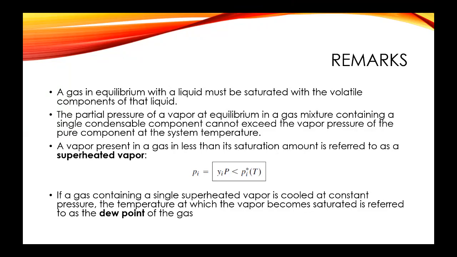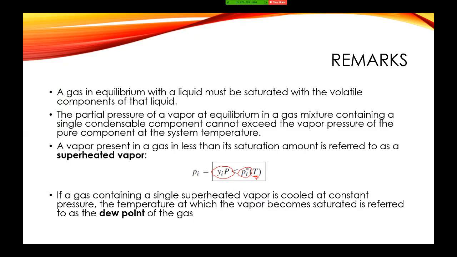We're going to see an example in a few minutes. So if the molar fraction times the pressure of the system, or external pressure, is lower than the vapor pressure at the temperature of the system, we call it a superheated vapor. And if a gas containing a single superheated vapor is cooled at constant pressure, the temperature at which the vapor becomes saturated is referred to as the dew point of the gas.